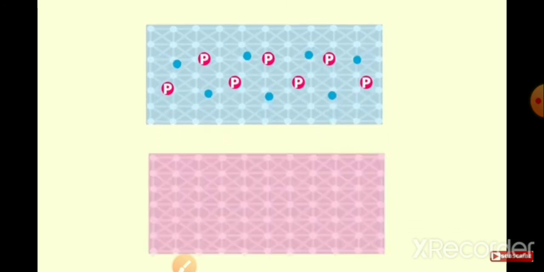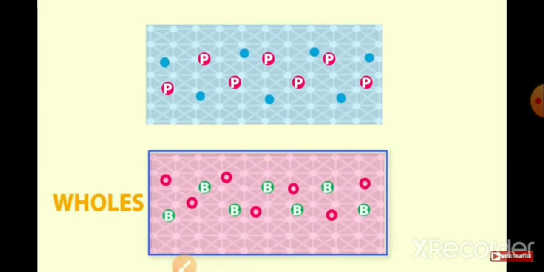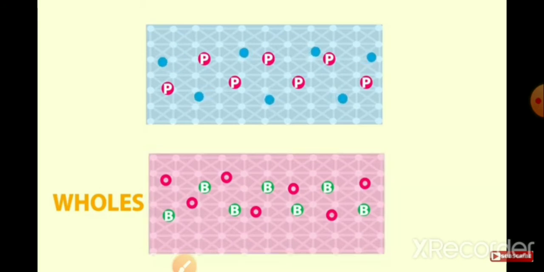Now again we will take a silicon sheet, in which we will inject boron atoms. Now with this boron, there will be holes or empty space for one electron created in this sheet.